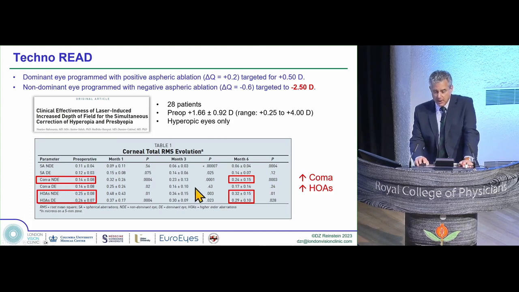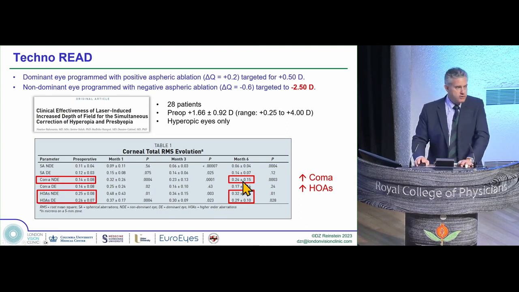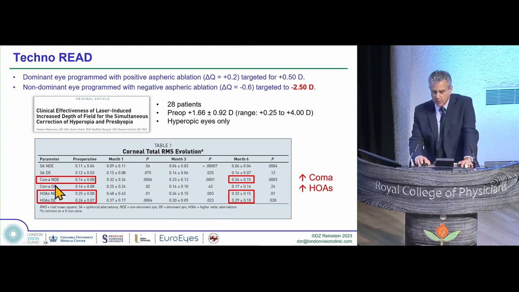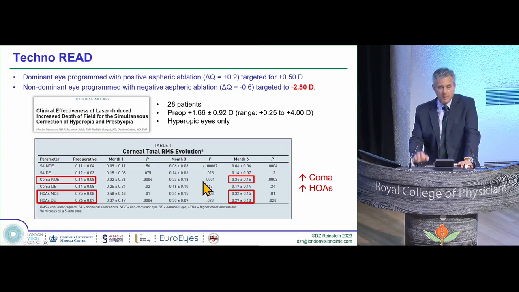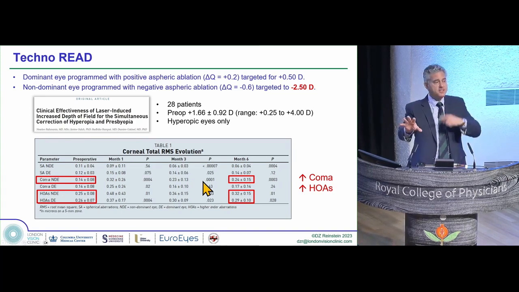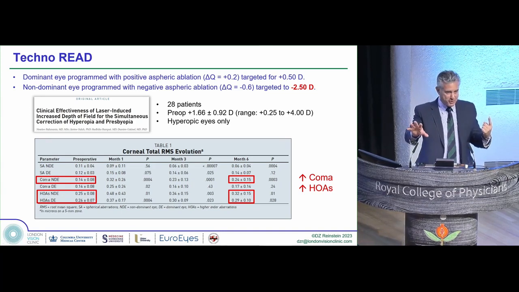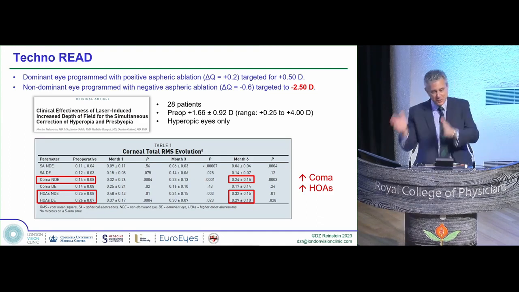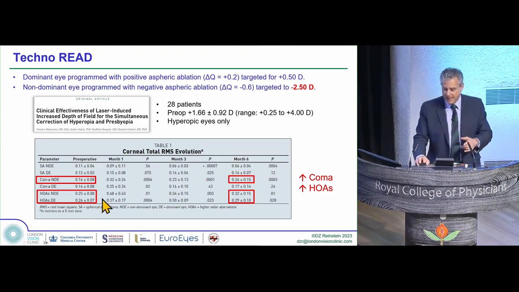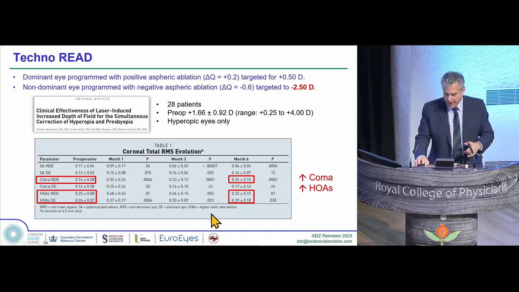So they had an increase in coma, which is surprising because if you're centering on the visual axis, you don't get an increase in coma. Or if they're measuring this coma in the whole eye, it means that they are treating on the visual axis and getting an increase in center of the pupil measured coma. They got changes in the higher order aberrations, but the spherical aberration, you can see, distance eye 0.12, 0.14, it didn't really change.